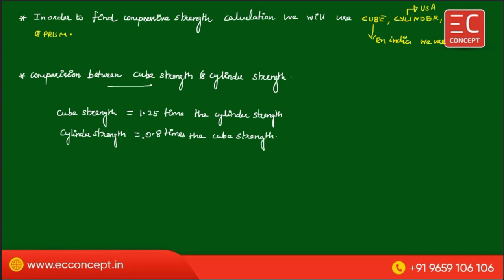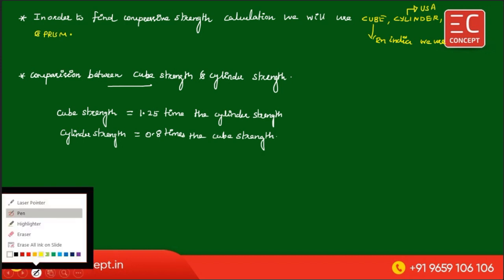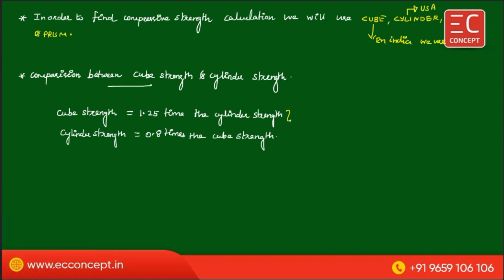Why does this strength variation happen?